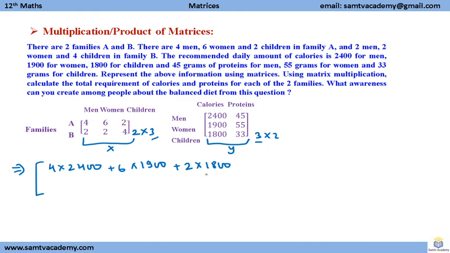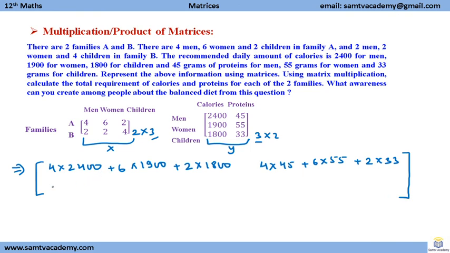This is the calorie requirement of family A. Next we calculate the protein requirement by multiplying each row with the column: 4 into 45 plus 6 into 55 plus 2 into 33.